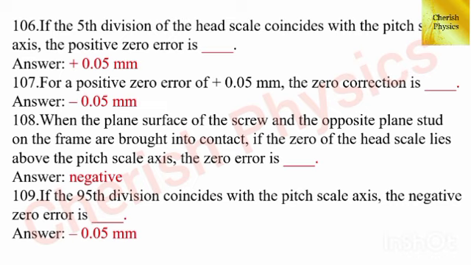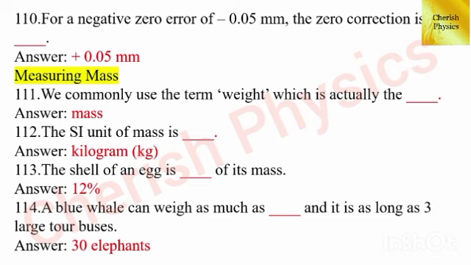If the 95th division coincides with the pitch scale axis, the negative zero error is minus 0.05 millimeter. For a negative zero error of minus 0.05 millimeter, the zero correction is plus 0.05 millimeter.